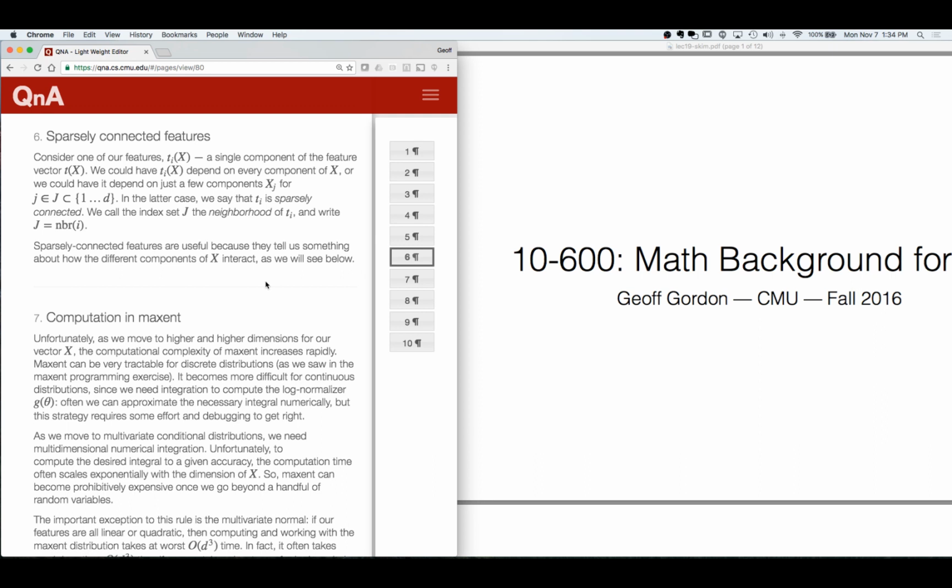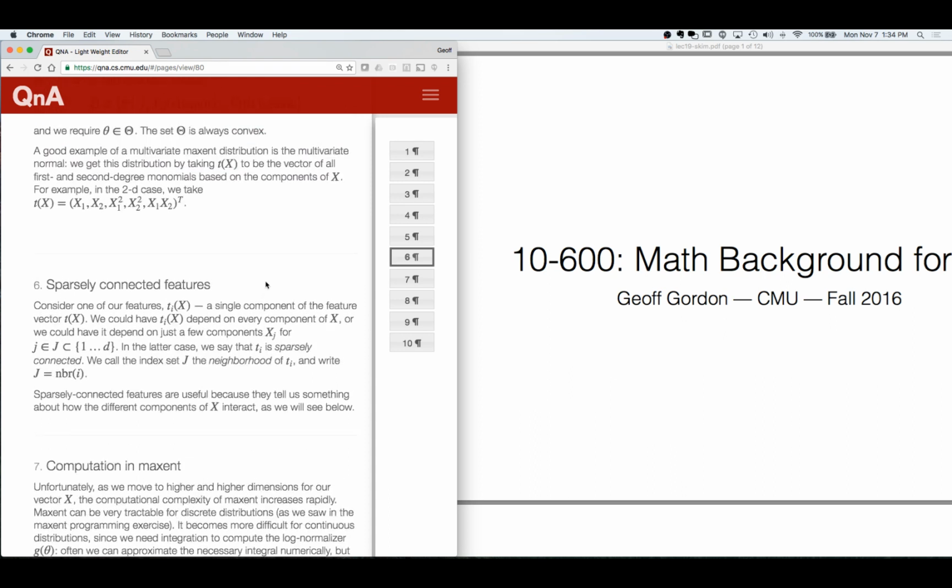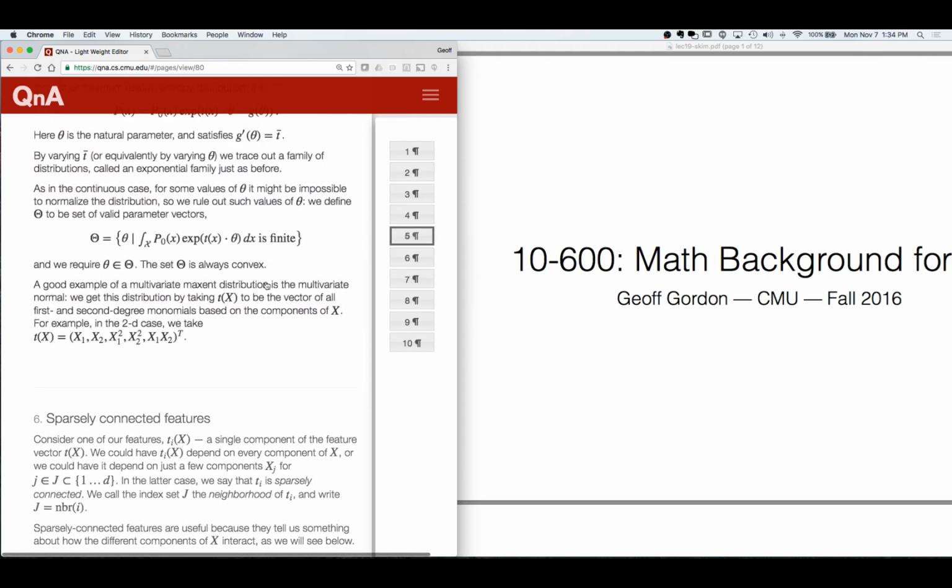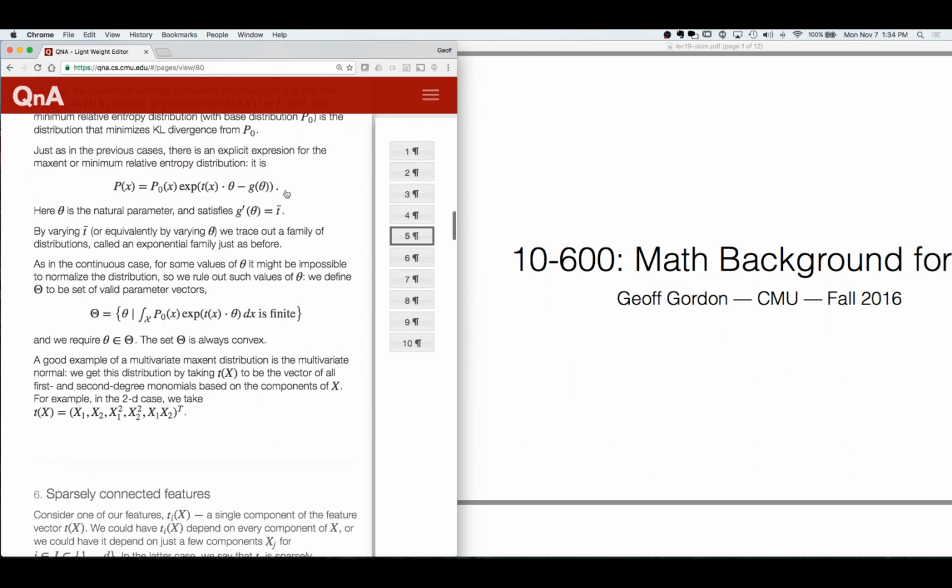The joint distribution of all of our random variables depends on the feature values through the exponential family functional form, which looks like this right here. It's proportional to the exponential of t dot theta, where theta is our parameter.